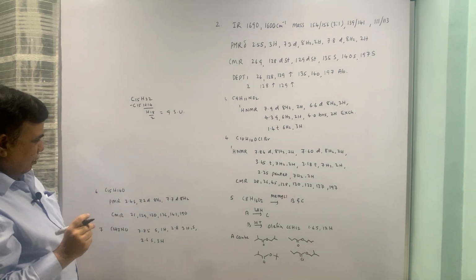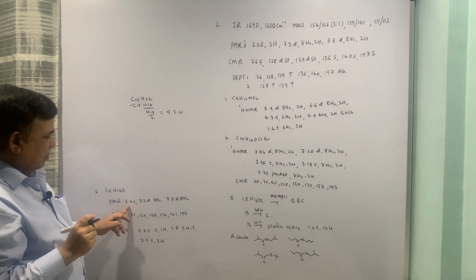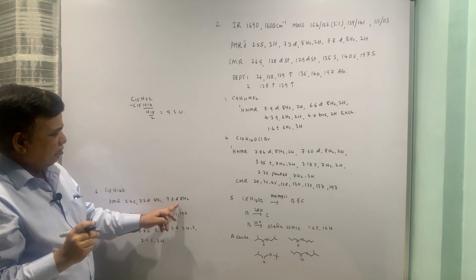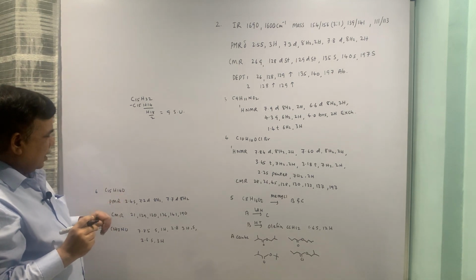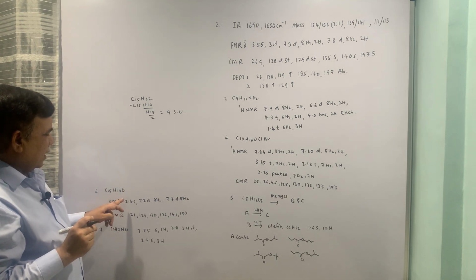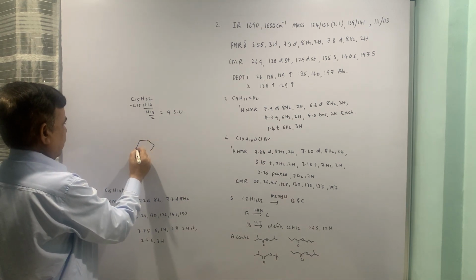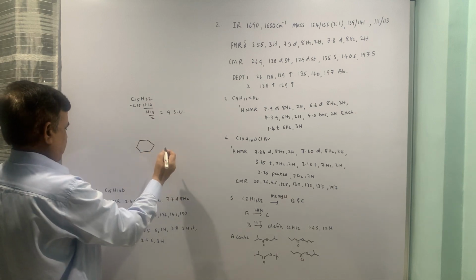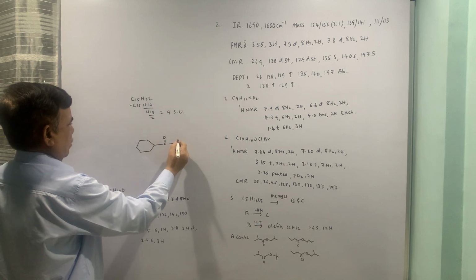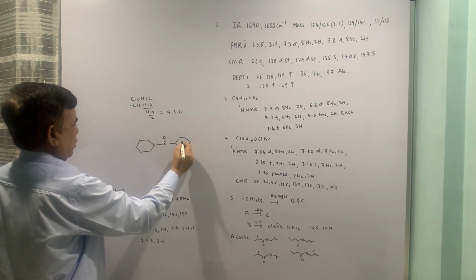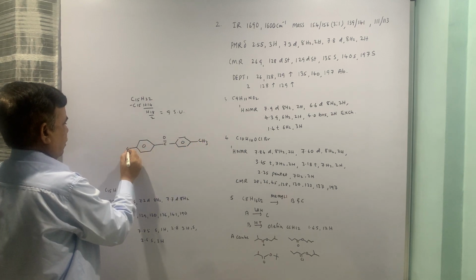Okay. If you look at the proton NMR, this looks like aromatic methyl, this looks like para substituted rings, one oxygen is also there. So if I consider two rings in this way, nine sites of unsaturation.